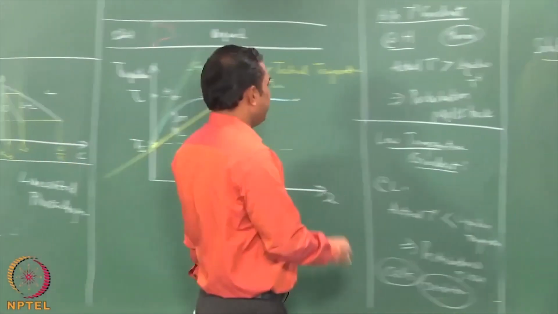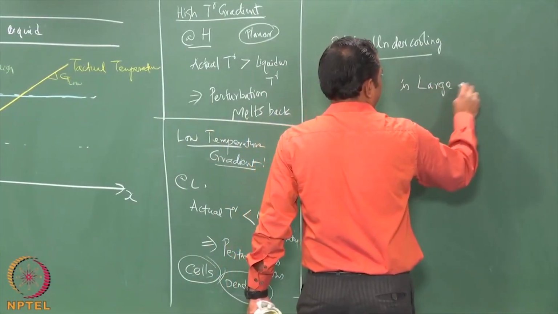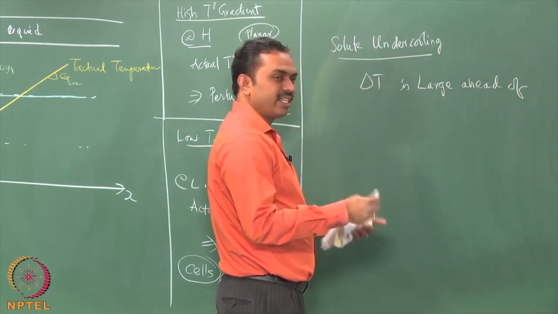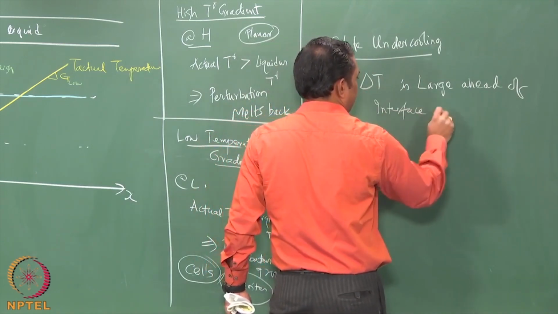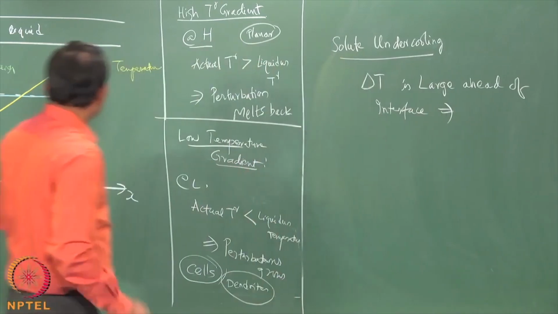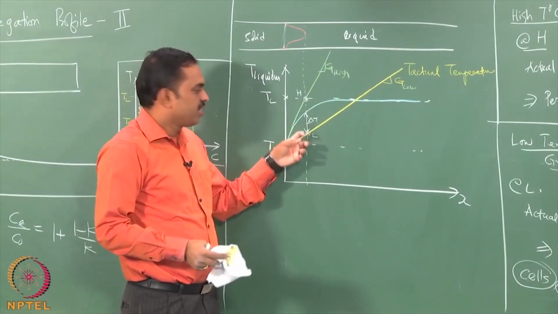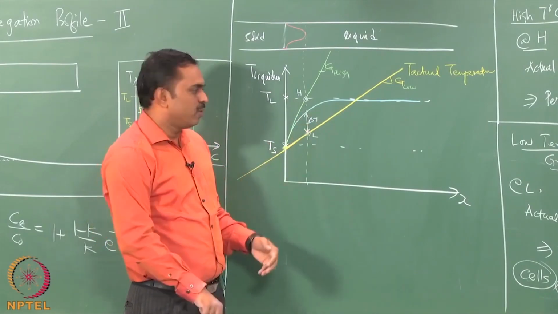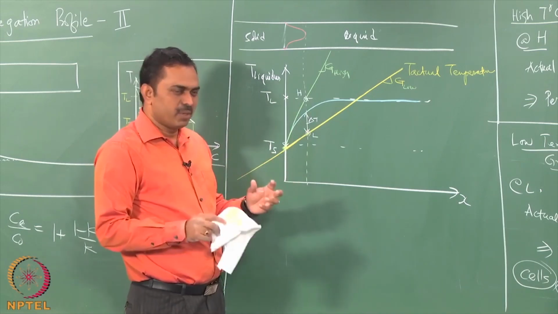What happens when this delta T is large ahead of the interface? Then ahead of the interface you have a situation where the liquid has a composition such that the actual temperature is much below the liquidus temperature, which means it is fully undercooled, it has enough driving force to solidify.